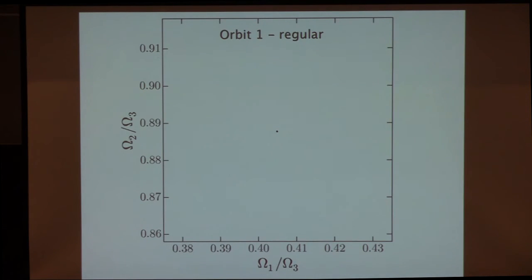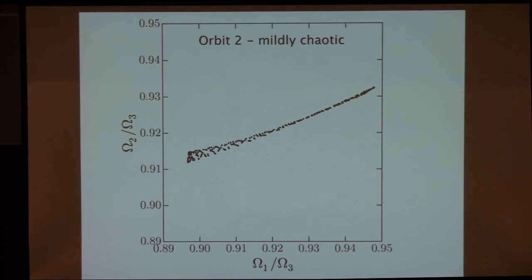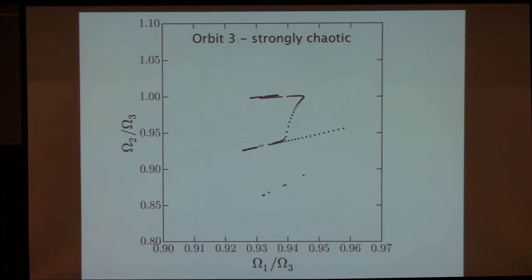So the next series of plots is showing you orbital frequencies for the regular orbit as a function of time. For a regular orbit, they don't change, so you just see a dot. For a mildly chaotic orbit, what you see is order percent changes over tens of orbits. And for a strongly chaotic orbit, you see order 5 to 10% changes over the same amount of orbits.